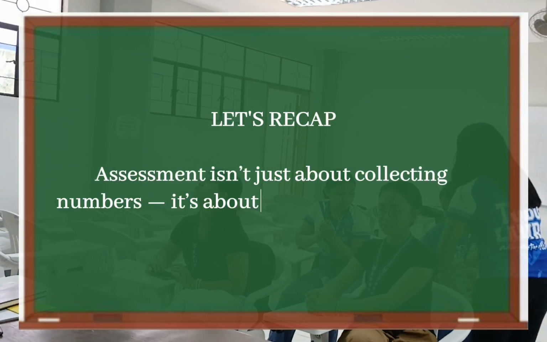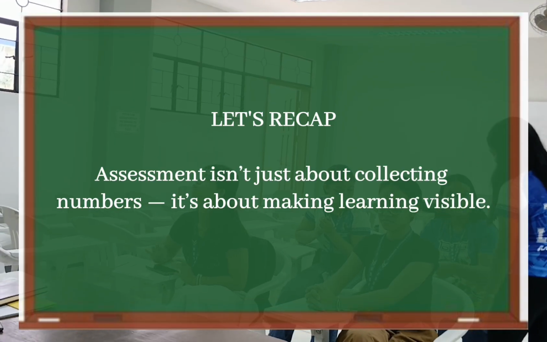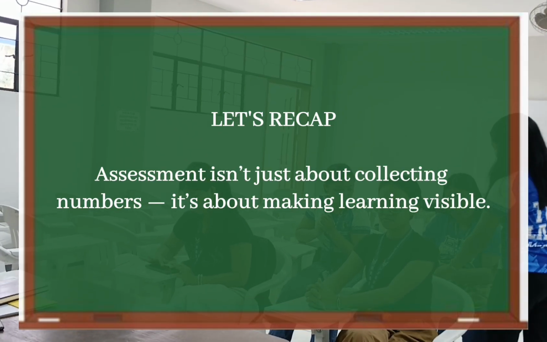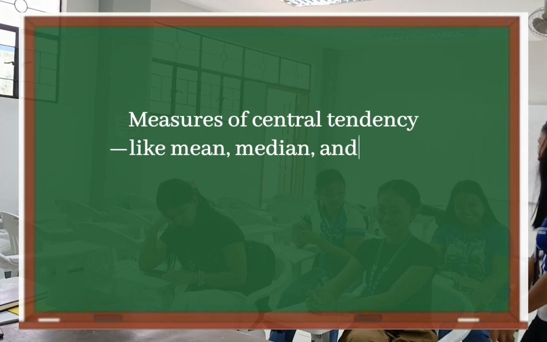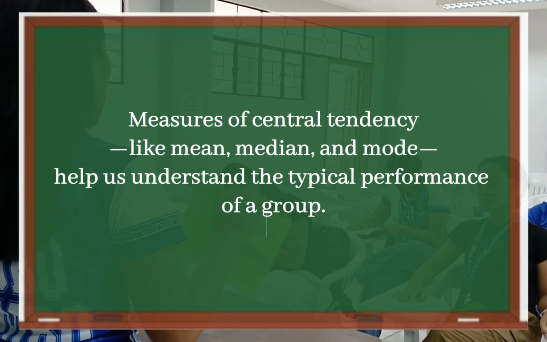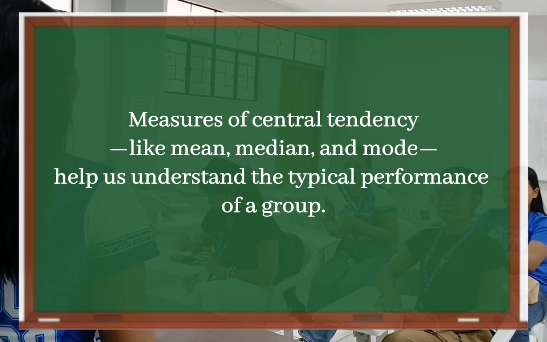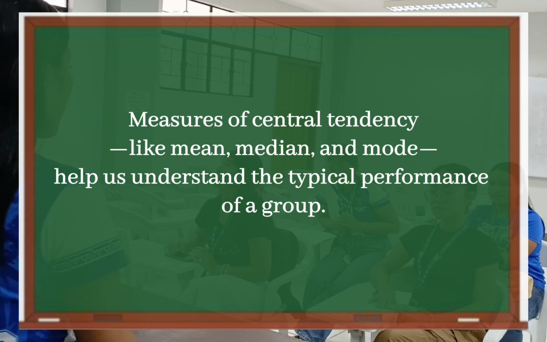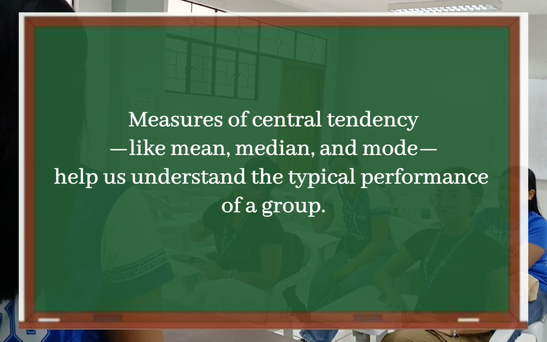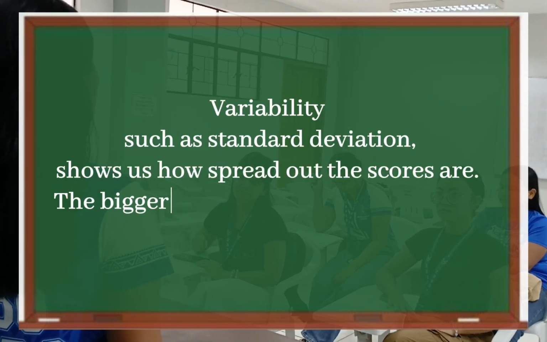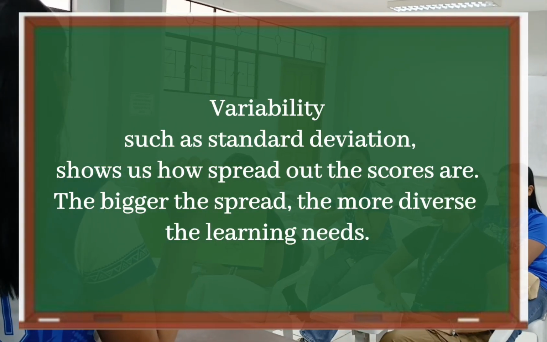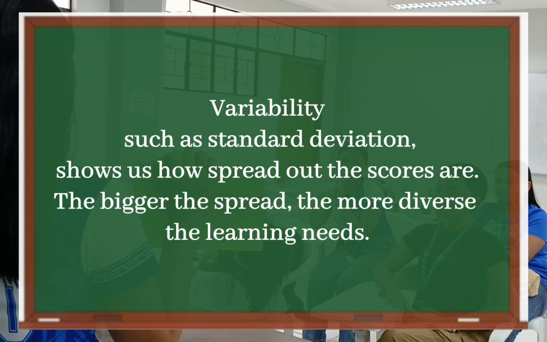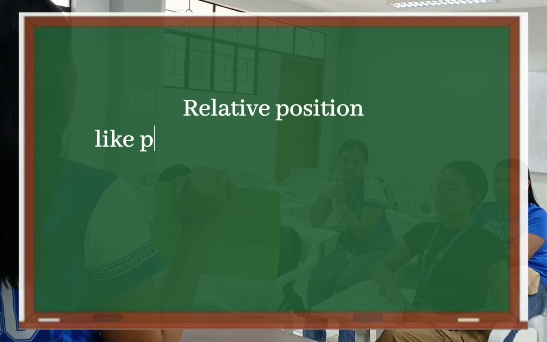Now let's have our recap. Assessment isn't just about collecting numbers, it's about making learning visible. Measures of central tendency like mean, median, and mode help us understand the typical performance of a group. While variability such as standard deviation shows us how spread out the scores are. The bigger the spread, the more diverse the learning needs.